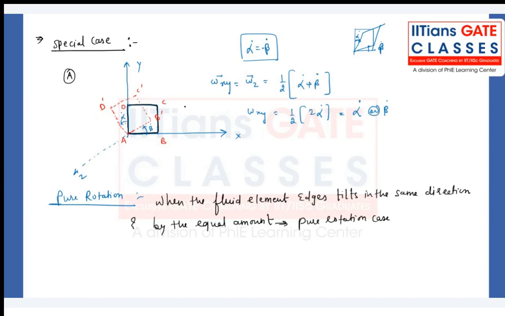Now why have I written alpha dot is equal to minus beta dot? On what basis have I written it? Can anyone tell me? See my difference. It's a very simple and very fundamental thing.